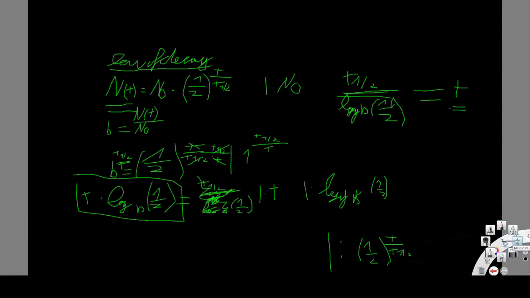And that's the main reason for me making this video, isn't it? And then we have n of t divided by 1/2 to the power of t t 1/2 equals n0. And that's it. That's all the equations you need.